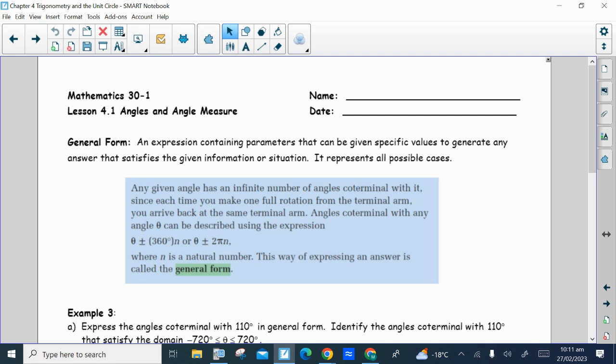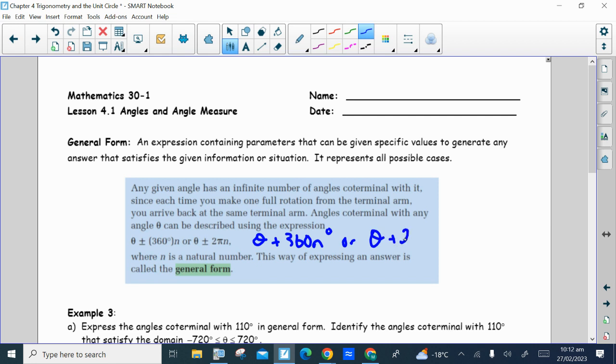So it tells us to use this notation where n is a natural number. Remember, natural numbers are positive counting numbers, including 0. Instead of using natural numbers, though, we can use integers, and then that eliminates the use of the plus and minus. So as I do these, I'm going to use integers, and so instead of these expressions, we will use these: theta plus 360 n degrees, or theta plus 2 pi n radians, where n is an element of integers.